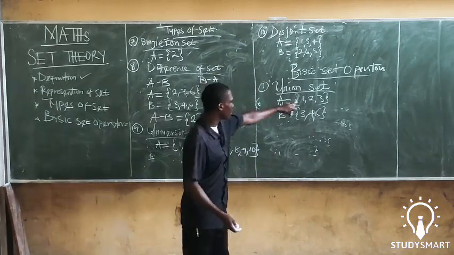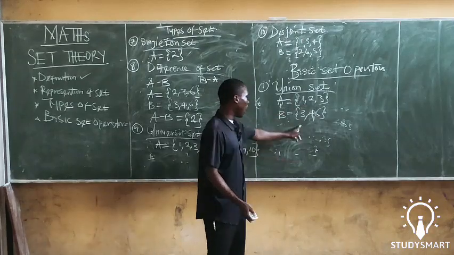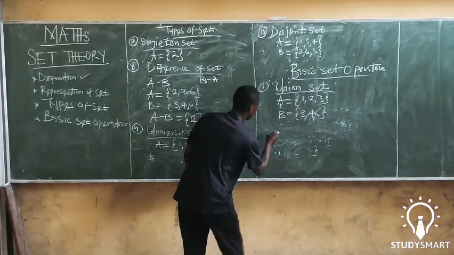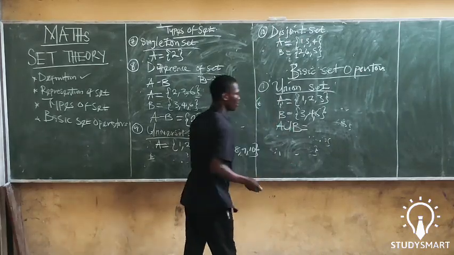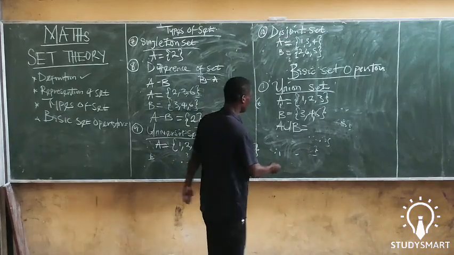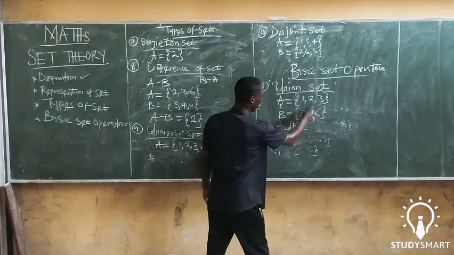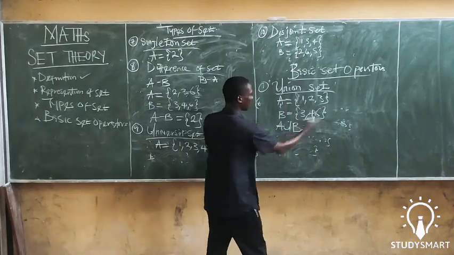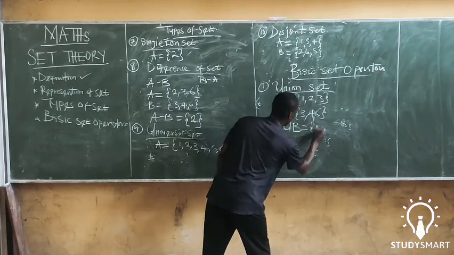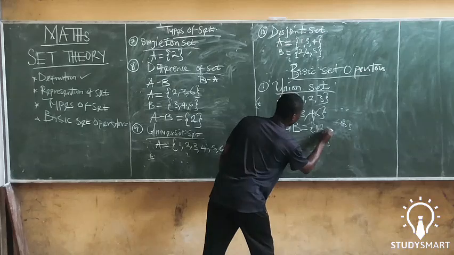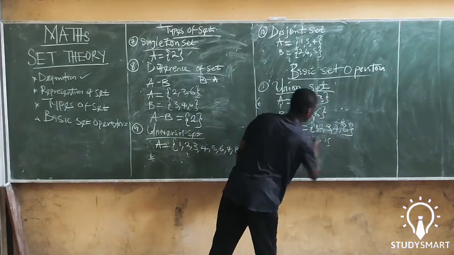Don't forget, union set talks about the combination of the elements in set A and set B. So the union set, which is represented by A union B, uniting, will be this. Don't forget, without repeating, we have 3 here, I have 3 here. So you take only one 3. I'm not going to put down 3 twice. Alright, so I have 1, 2, 3, 4, and 6.